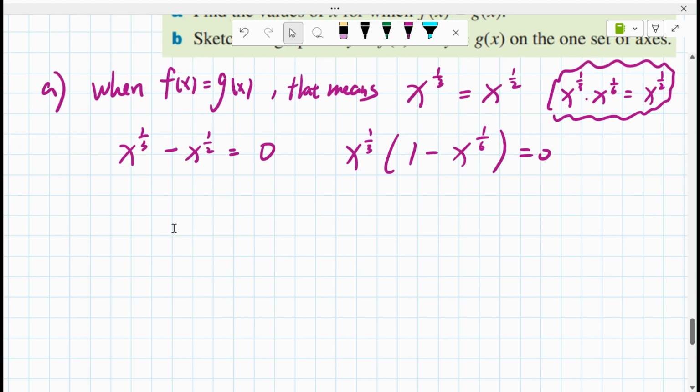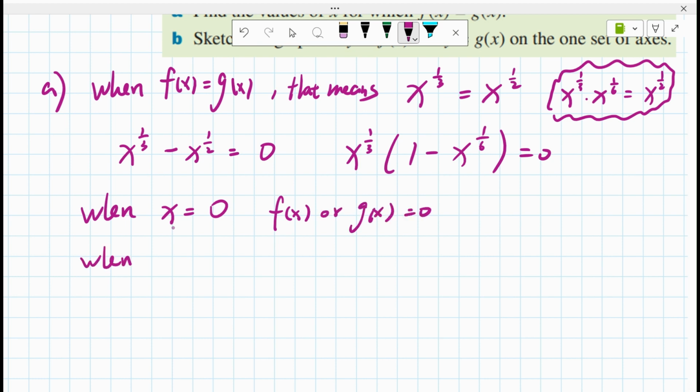Why am I doing that? Because now I can say that when x equals 0, f(x) and g(x) equal 0. And when 1 minus x to the power of 1/6 equals 0, that means x to the 1/6 equals 1, and x equals 1. There's only 1 here.